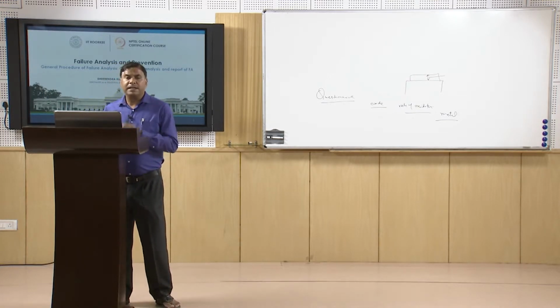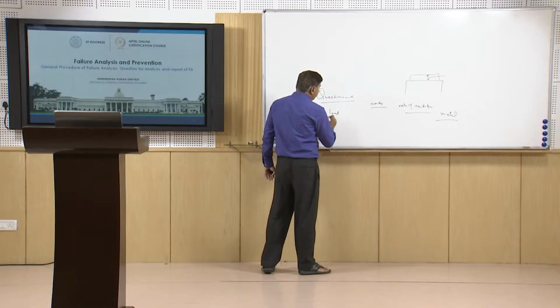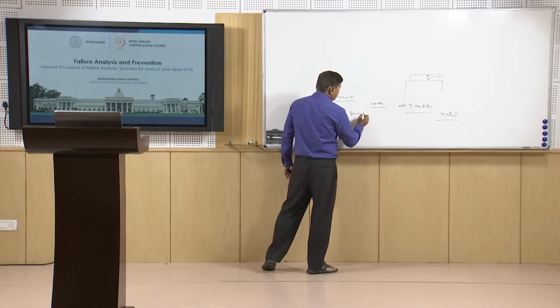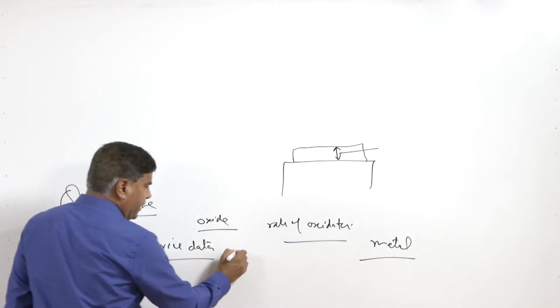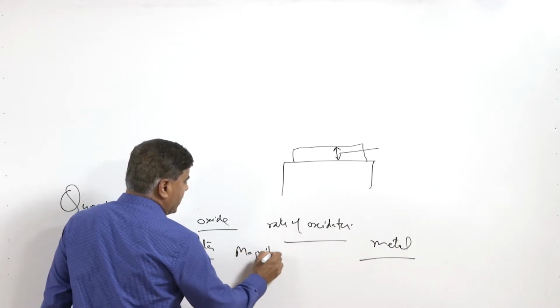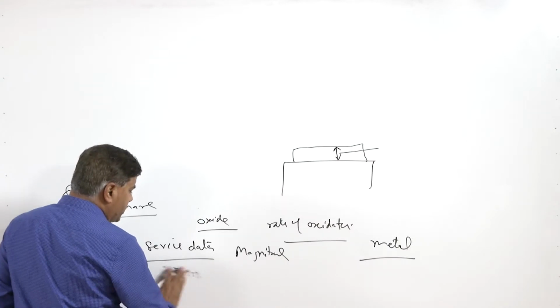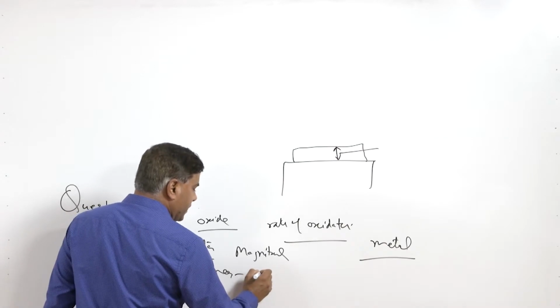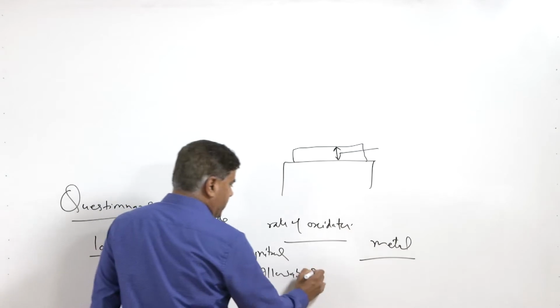Then next is the intensity of the load. There are two possibilities regarding this. There can be overloading fracture. As far as intensity is concerned, we need to see the service data regarding the magnitude of the load which is expected, and using the information about the cross sectional area of the component, we can determine the allowable stresses which should have been there.